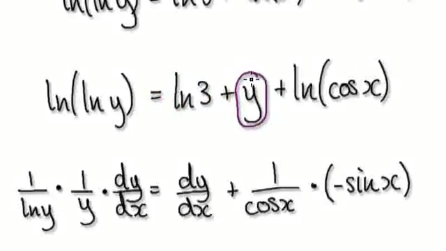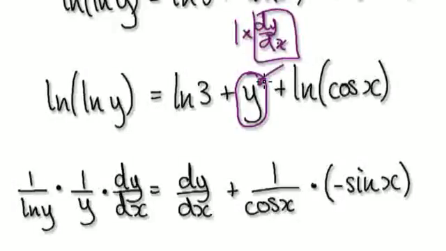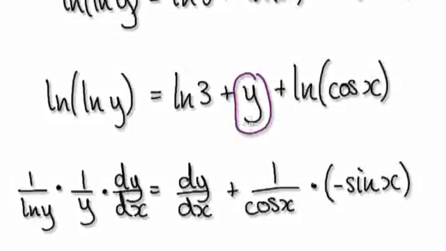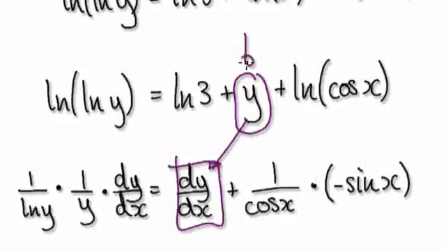Differentiate this, you will get 1, but then you times dy by dx because y here is a function of x. So when you differentiate this, it will give you this. Okay, so differentiate this bit, it will give you dy by dx.